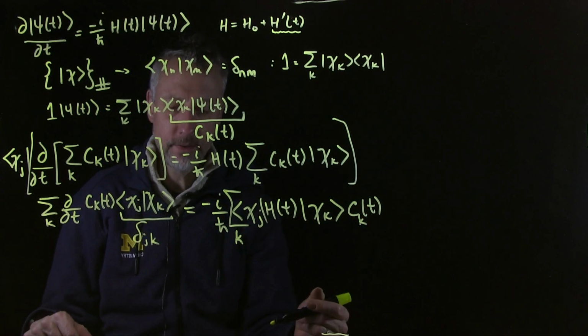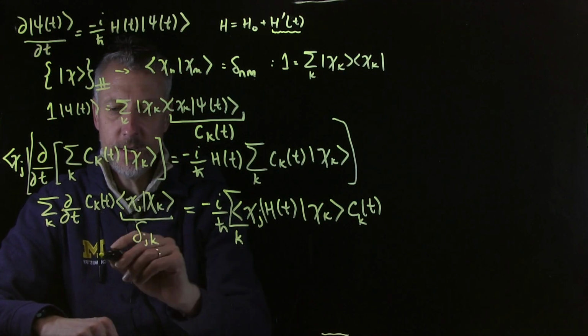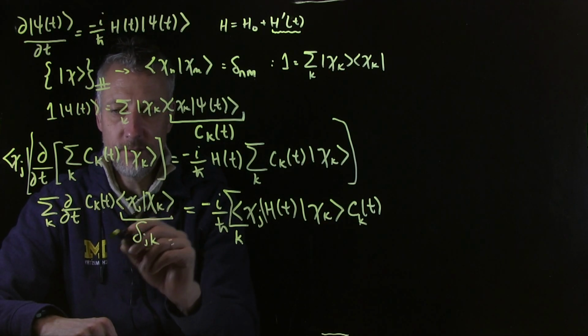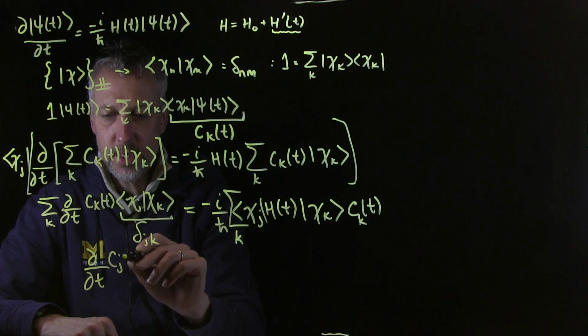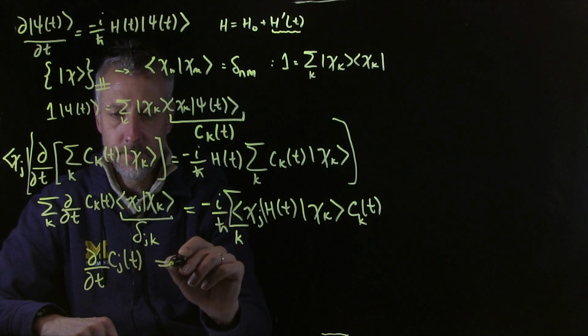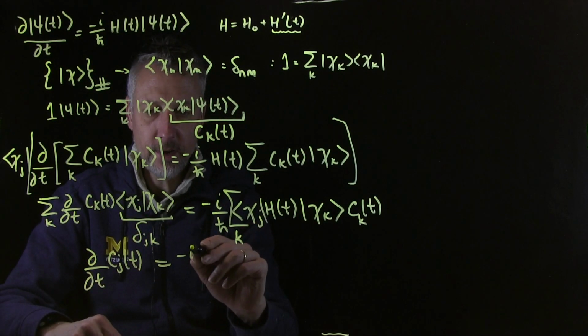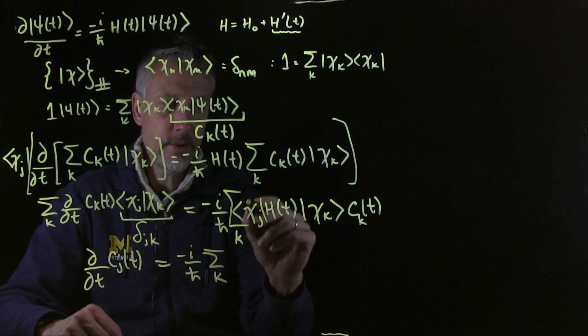Okay, so when we look at this, what we see is that we have c_j on the left. It turns out the notation looks more convenient if we do it this way. So it's the time derivative of c_j of t. Everything else goes away, the sum goes away, and it is equal to minus i over h bar, sum on k. And what is this?